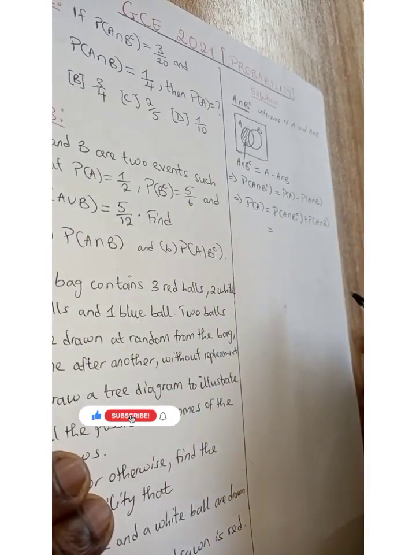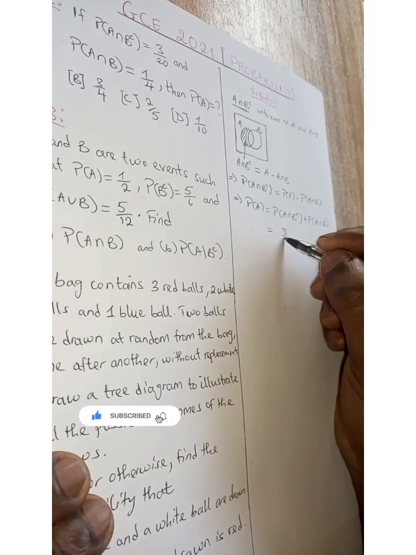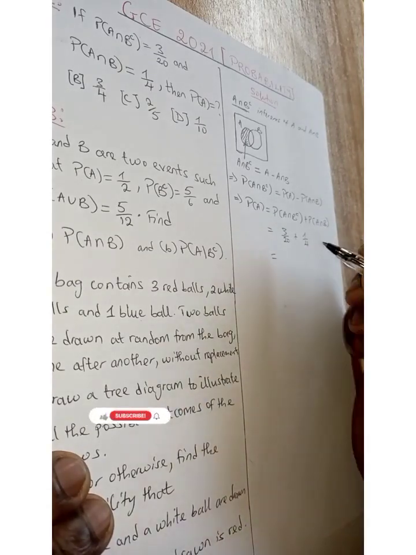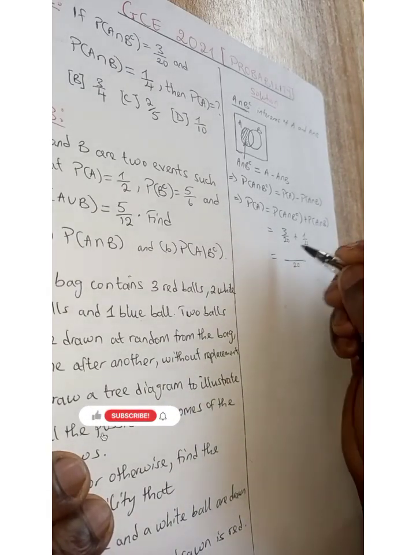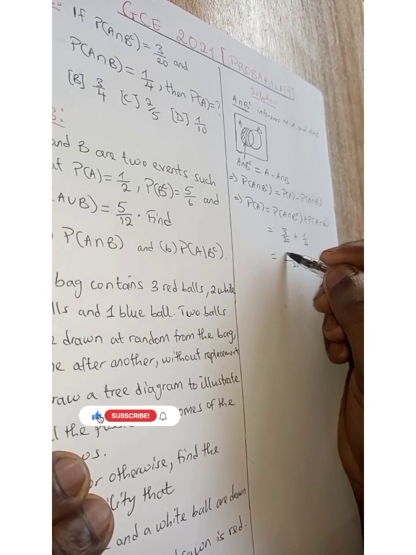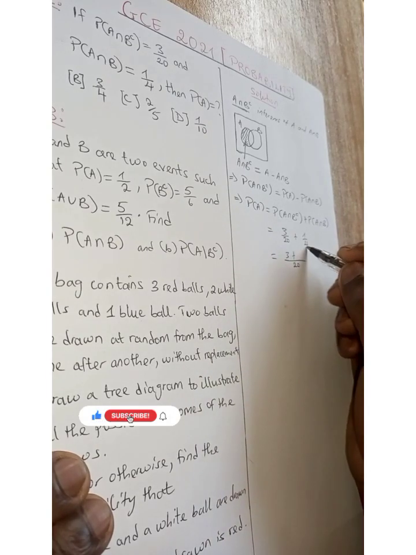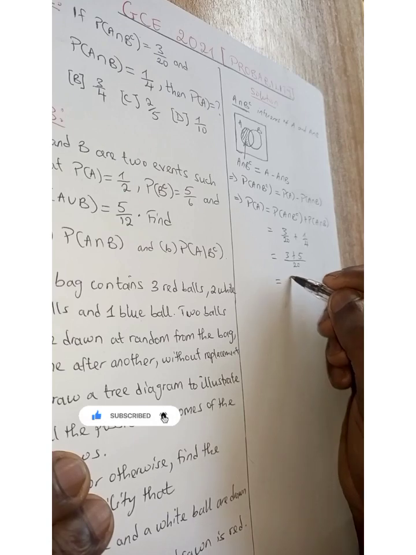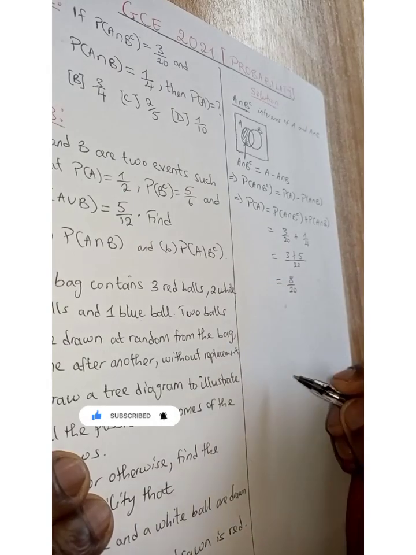Now substituting their values, this one was given as 3 on 20 plus this one was given as 1 on 4. Simplifying, the LCM here is 20. 20 goes here 1, we are left with 3, plus 20 goes here 5 times 1 gives us 5. Simplifying further gives us 8 on 20.